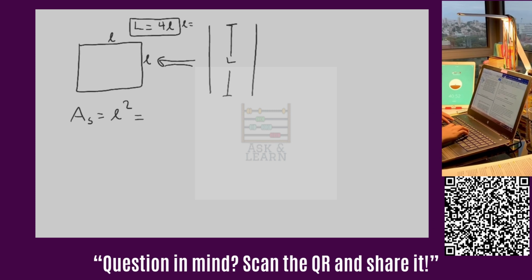Little l is going to be the total length L divided by 4. So we plug that in here, L over 4, square the whole thing. We see that the cross-sectional area of our square loop is given by the total length of the wire that makes that loop, squared, divided by 16.